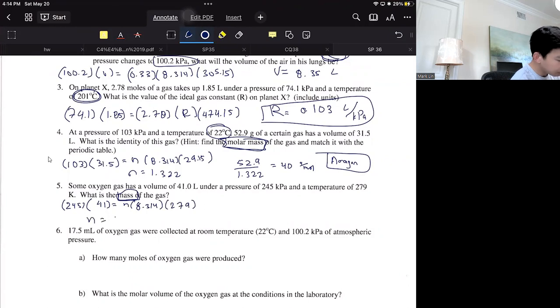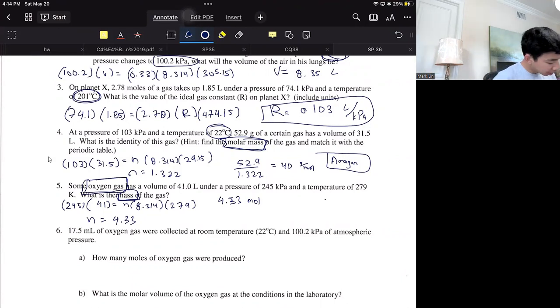N is going to be 4.33. You just isolate N, right? Same thing as before. You have 4.33 moles, and then oxygen, right? You need to find out what the mass is. You need to find grams.